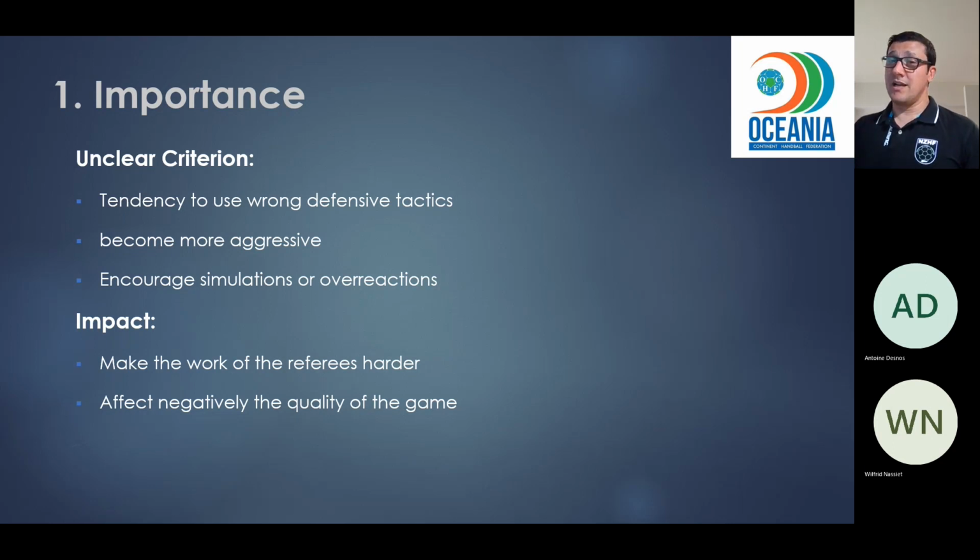And one part that is very, very important for the quality of the game is taking care of the simulations or overreactions, or trying to influence the referee to get a fault in attack when the contact is minimal. The impact is that the referee will have to work very, very hard and might lose control of the game. The quality of the game will be poor.